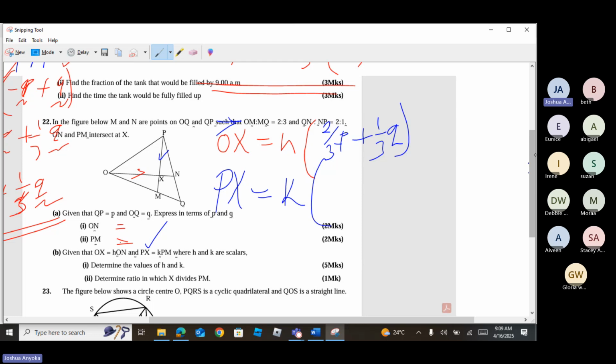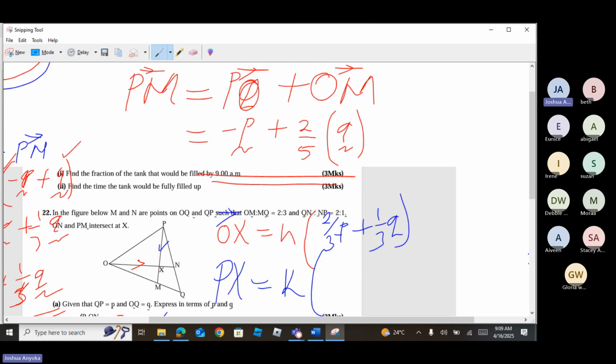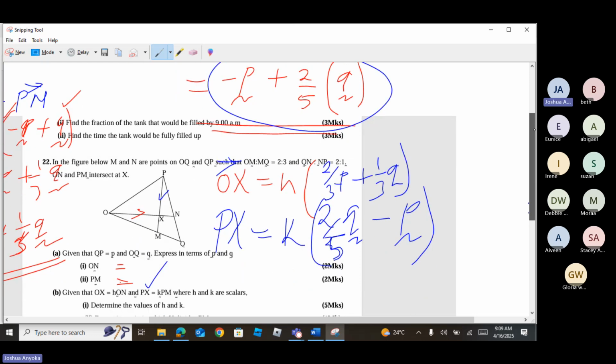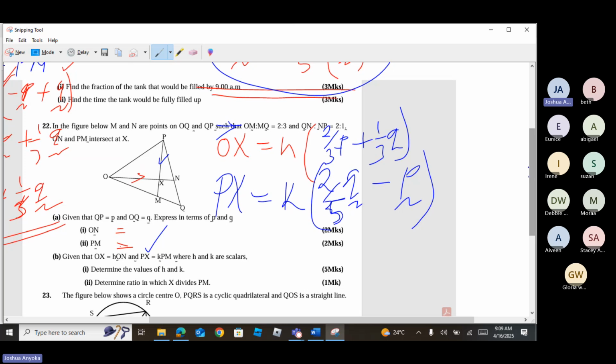PM is this one. PM is equal to 2 over 5 Q minus P. So the first thing to do is to interpret this information.